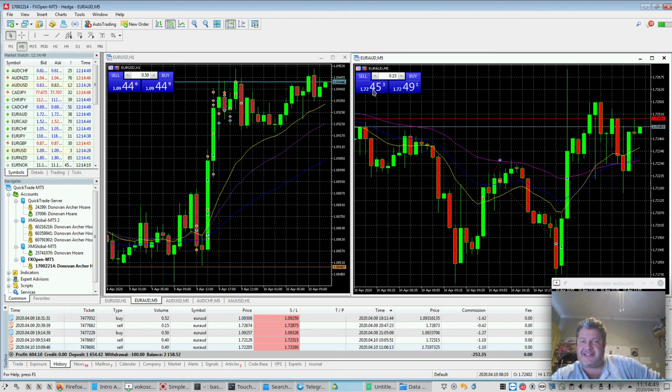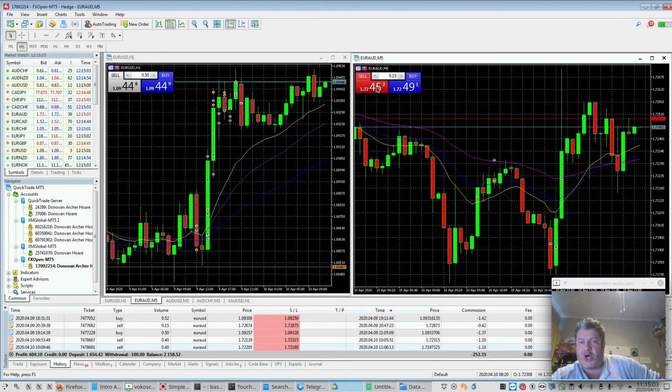If I hit sell right now and I do a sell order here, it makes the price that I sold at actually be here. So even though it's not there, this is called the spread. It is the difference between the ask and the bid price that you have available. So right over here is your spread difference.